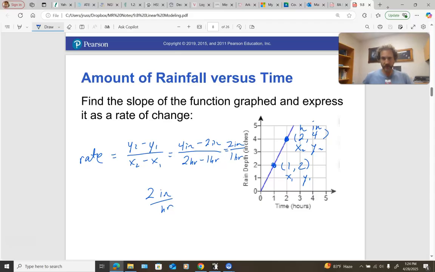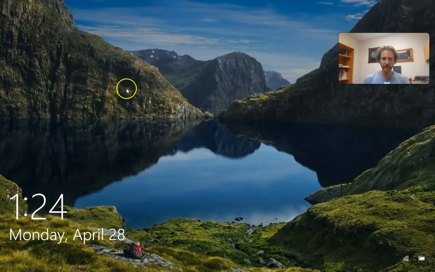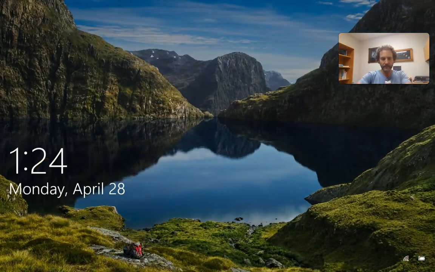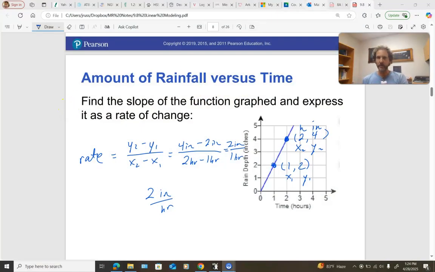And I don't know how much you guys keep up with. Whoops, my computer froze again. Yeah, if you keep up with meteorology, 2 inches an hour is a significant amount of rainfall.